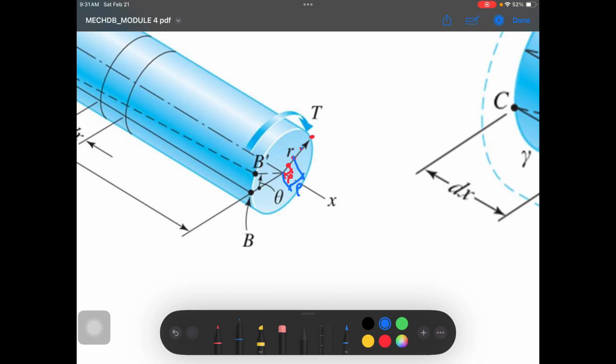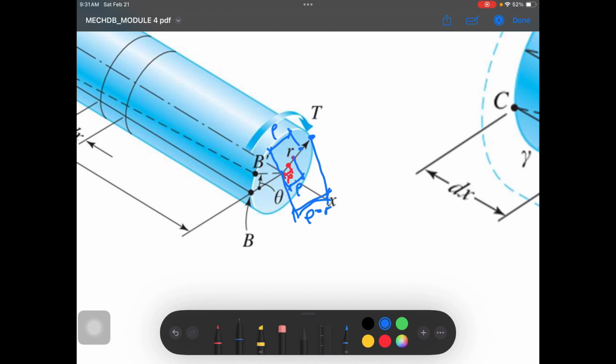If ito naman yung gusto mong kunan ng stress, edi from the center to that point, that will be your rho. Pero if gusto mong makuha yung mismong torsional stress dun sa surface ng cross-section, edi ang rho mo now is equal to the radius mismo ng cross-section. Okay?